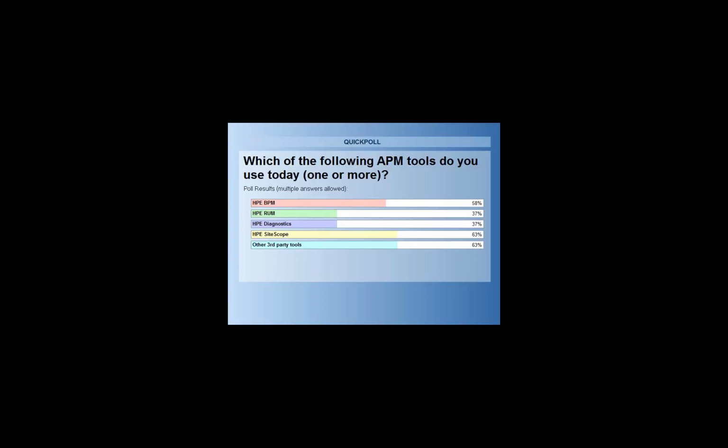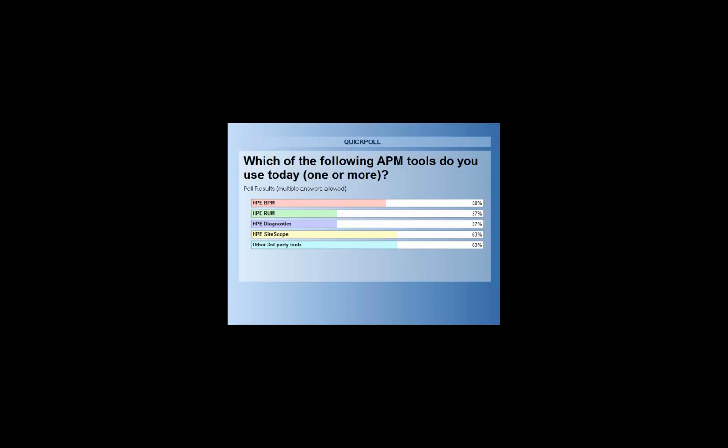Here we go. So, yeah, kind of what I assumed. In some cases, BPM is at 58%, which is the synthetic transaction monitoring, which a lot of us use. RUM is at 37%, that's pretty interesting. Diagnostics, about 37%.